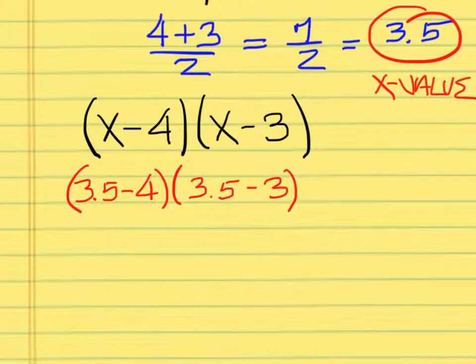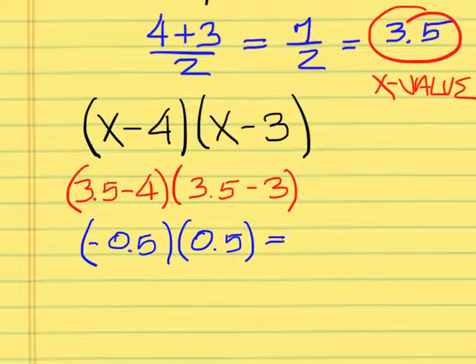Evaluate that. 3.5 minus 4 is negative 0.5. 3.5 minus 3 is 0.5. Multiply those two together, and you come up with a negative 0.25. That is the y value.